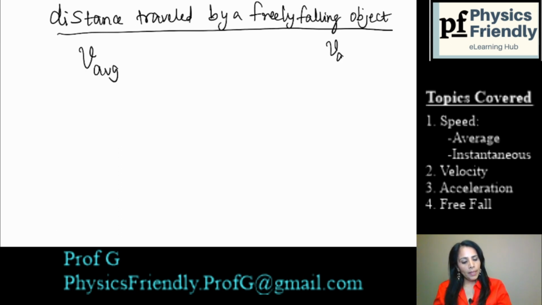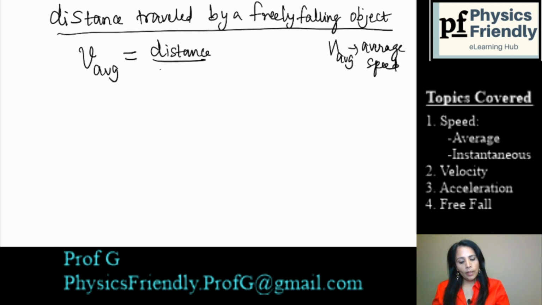We define average speed as distance over time, that would be d over t in equation form. So from in here, if I isolate d, or solve for d, distance would be v average times t.